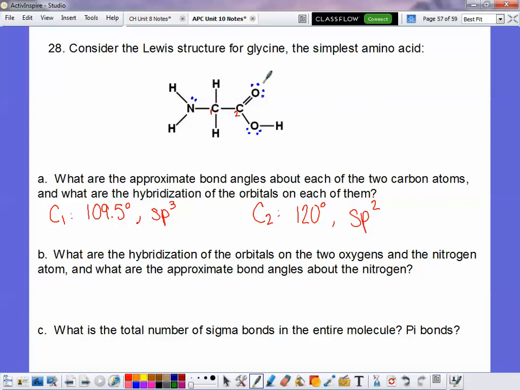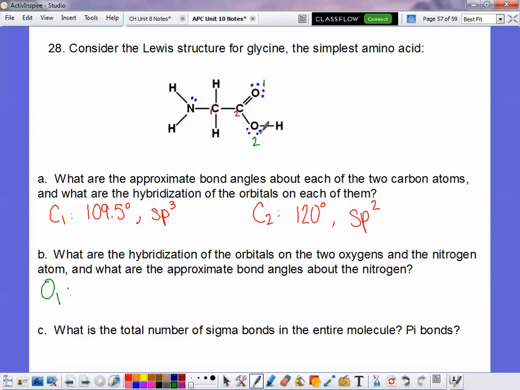So we've got oxygen number 1 and oxygen number 2. And I don't need to number the nitrogen because there's only 1 of them. So for oxygen 1, there are 3 areas of electron density around that oxygen. We've got the bond, the double bond, and then the 2 lone pairs.